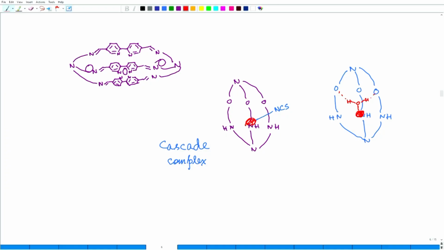We can put neutral molecules, or we can put anions, a chloride anion or a bromide anion depending upon the size, or a nitrate anion can be put. They are also important. Perrhenate and pertechnetate are obtained from nuclear fissile materials.